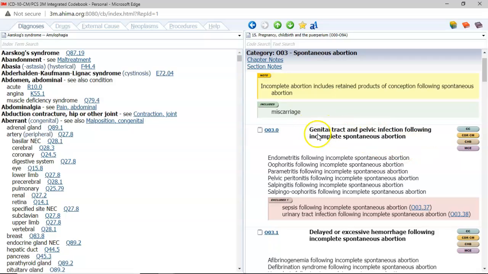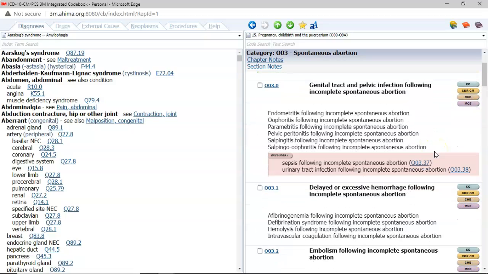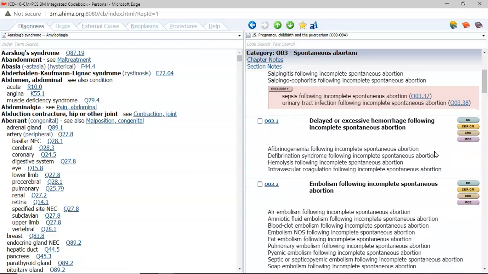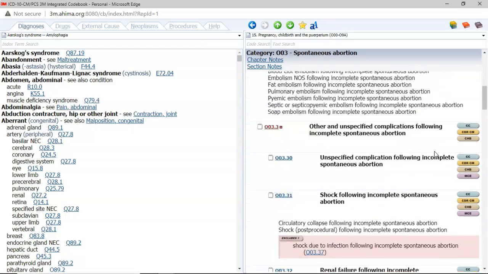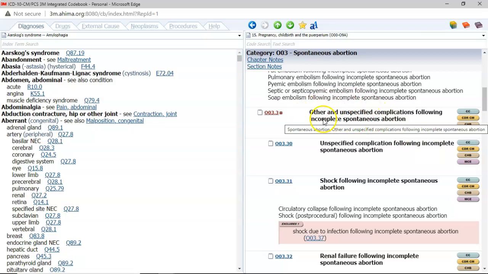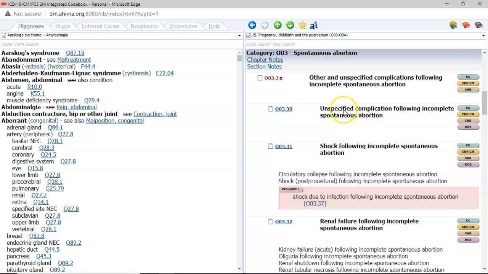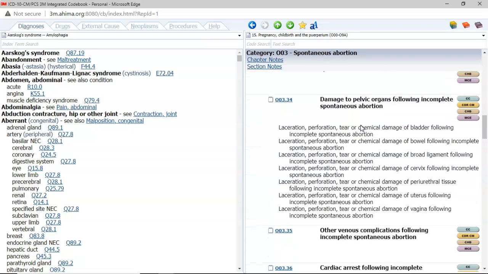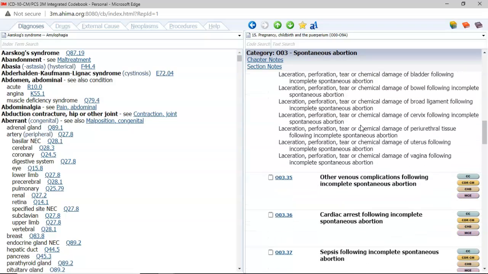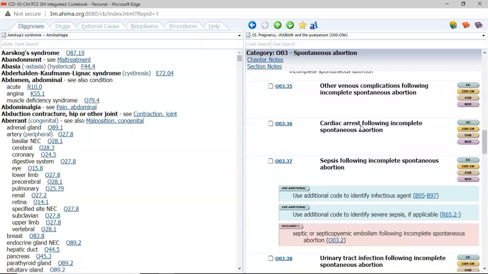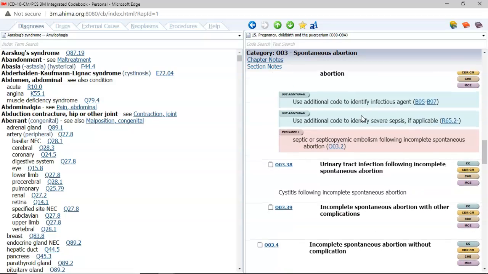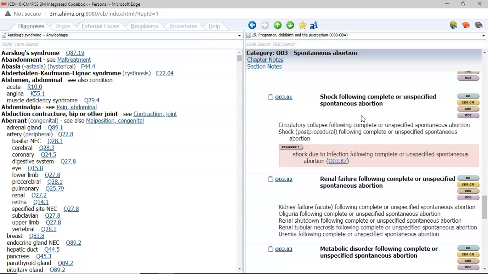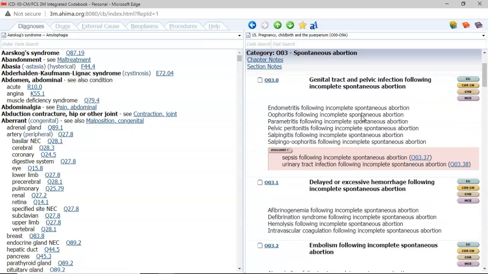You can see that this is a genital tract and pelvic infection following an incomplete spontaneous abortion. Here we have delayed or excessive hemorrhage. We have an embolism, other and unspecified complication following an incomplete spontaneous abortion, shock. Then we have renal failure, metabolic disorders, damage to pelvic organs. So you can see that we have a number of complications listed in this particular category.